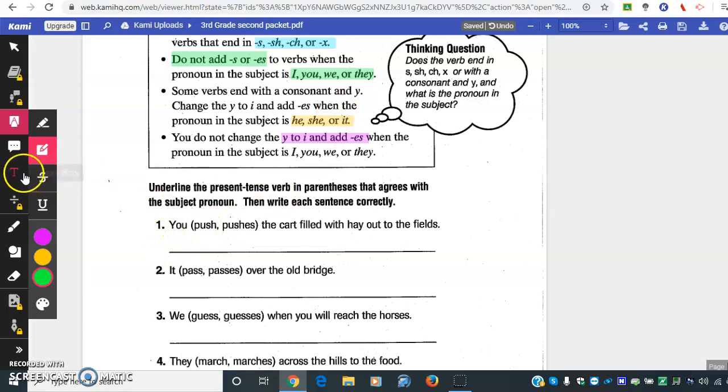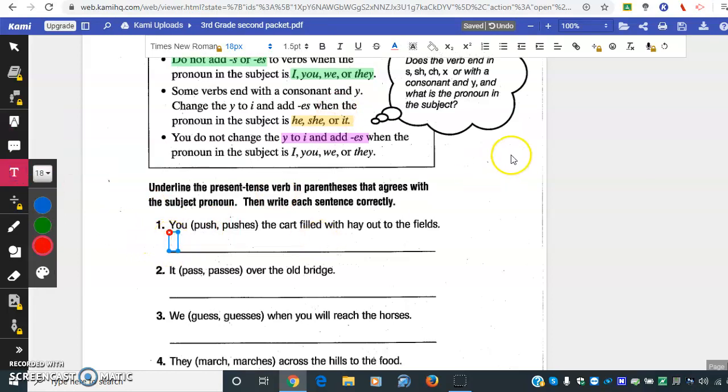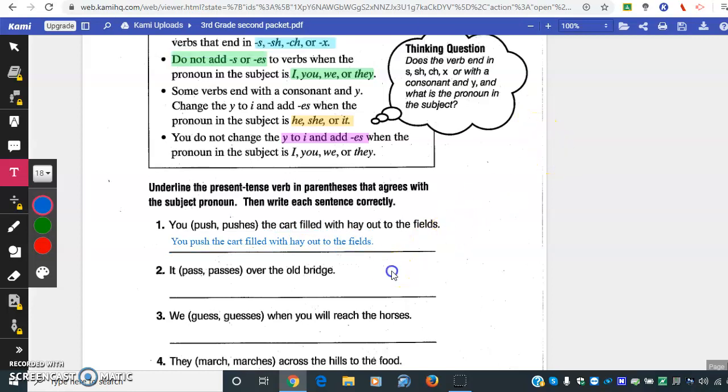I'm not going to add anything to that. And yes, we do have to rewrite the sentence correctly. So make sure that you write it, you push, no ES. This is a plural pronoun. The cart filled with hay out to the fields. Period. All right, next one.